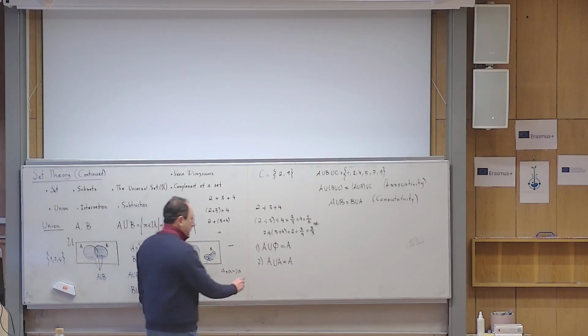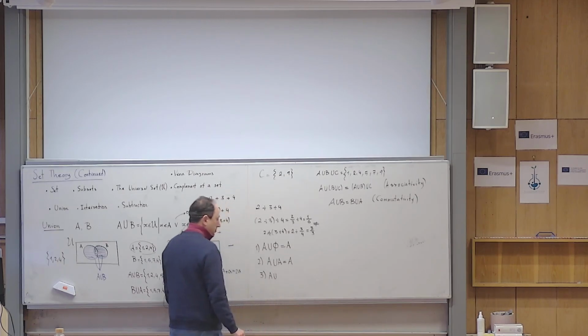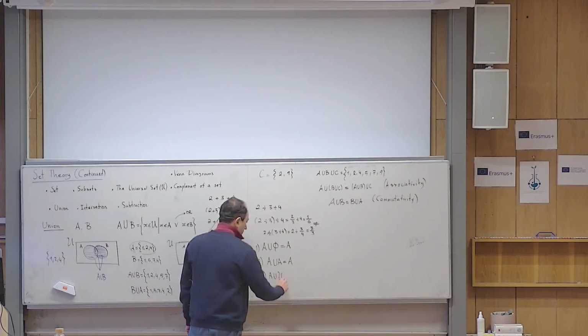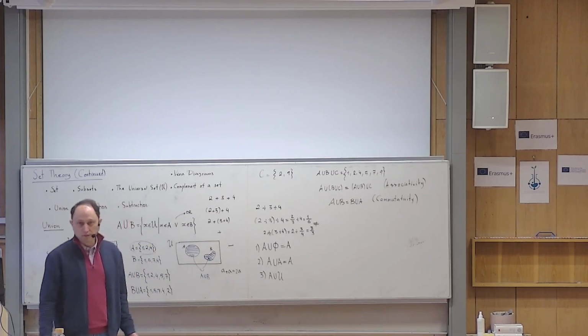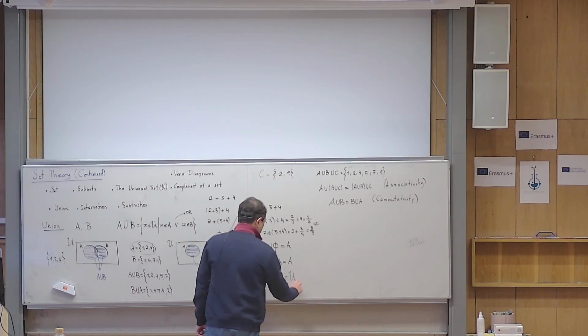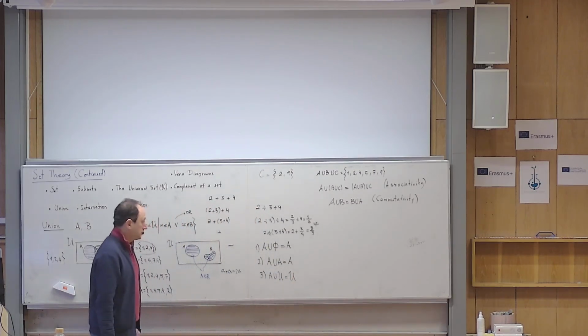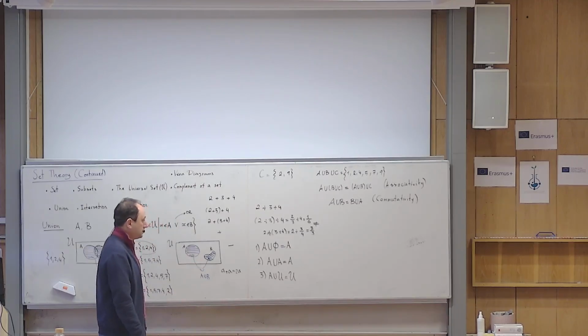What do you think will happen if I take the set A and union it with the universal set? It becomes the universal set. Is that understandable? Because the universal set contains all the elements of any set.